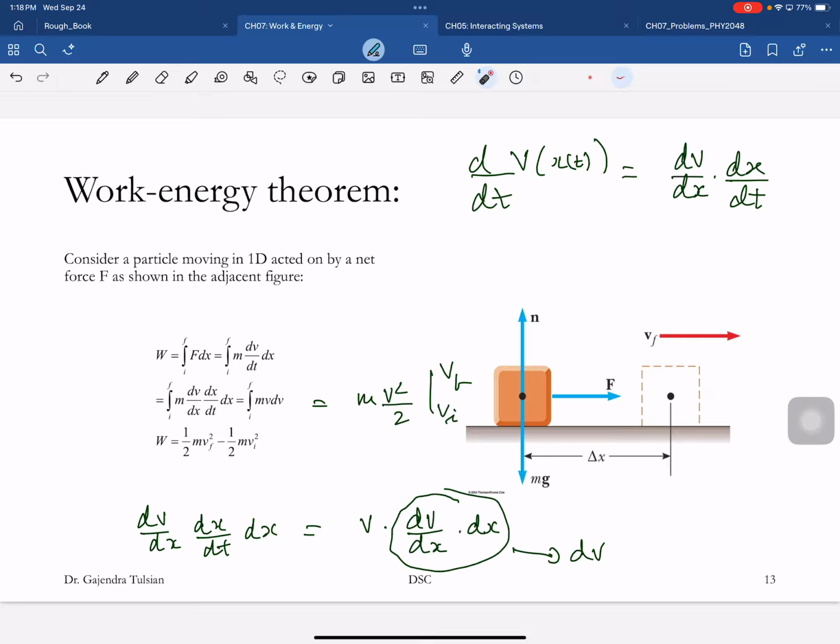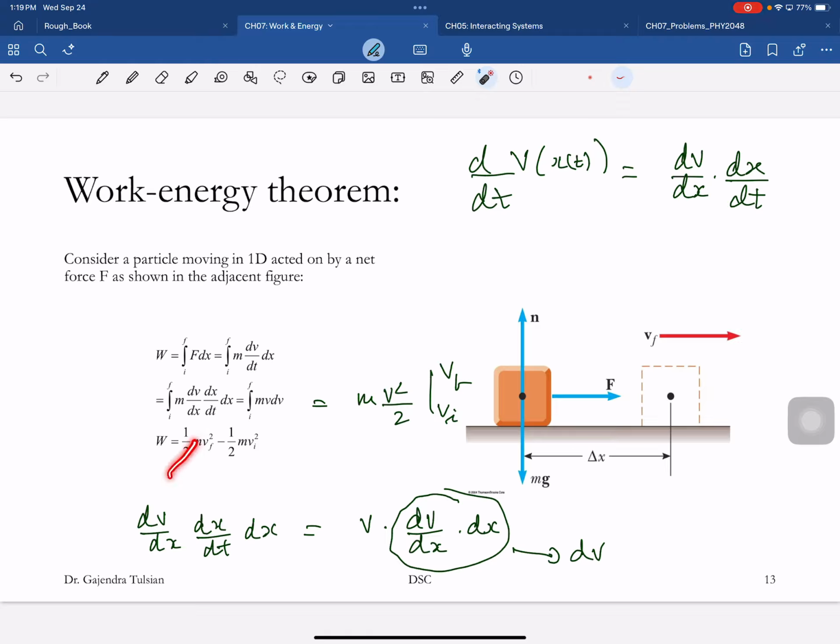So if the work done is positive, the kinetic energy will increase. If the work done is 0, the kinetic energy will not change. If the work done is negative, the kinetic energy will decrease. The final kinetic energy will be less than the initial kinetic energy. And that's what happens when you apply brakes on your car.